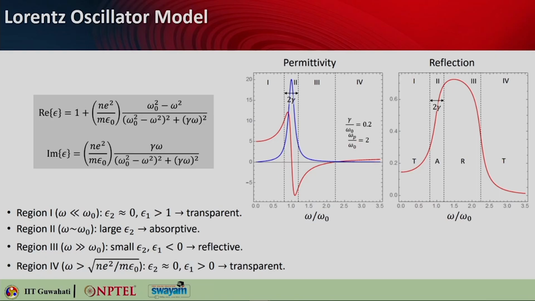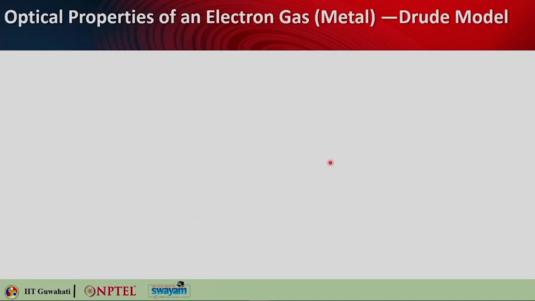These plots are done for these values: gamma is taken as 0.2 times omega naught, and omega p, the frequency where the real part crosses 0, is taken to be roughly 2. So, omega p over omega naught is roughly 2. That is the case considered here.